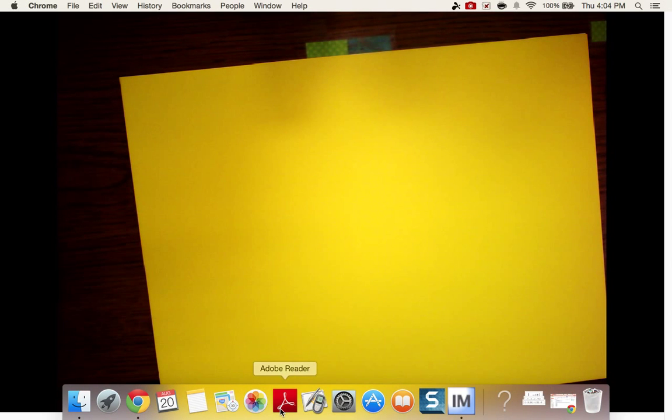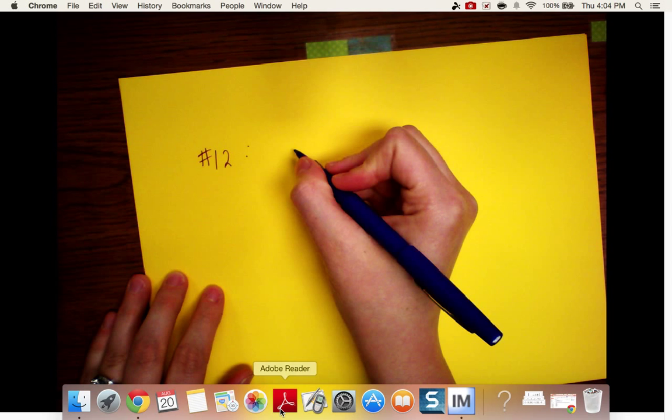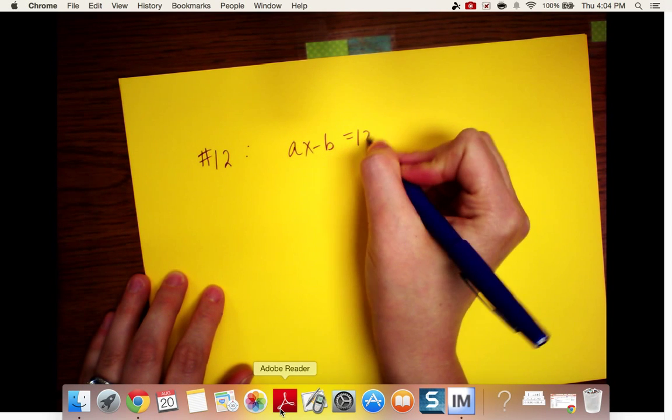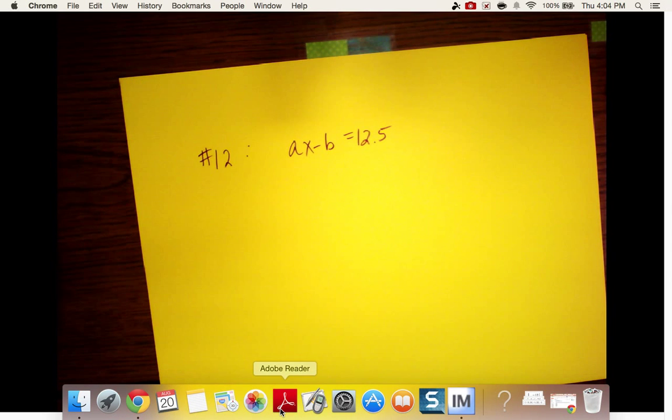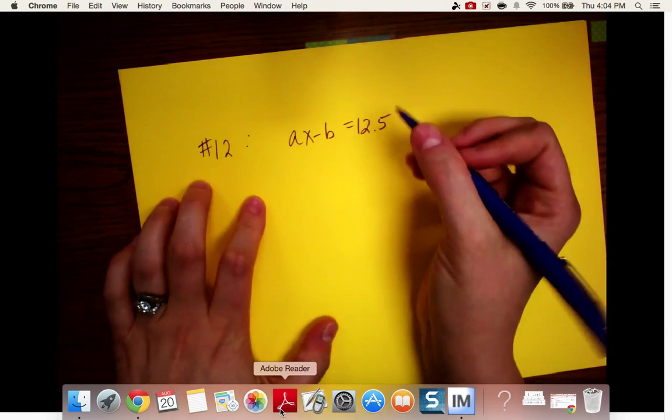Now the reason why that information says that they are non-zero constants is because if we're solving for x on number 12, we have ax minus b equals 12.5. We will end up having to divide by a at some point, and you cannot divide by 0. So therefore that's why it states that a, b, and c are non-zero constants.